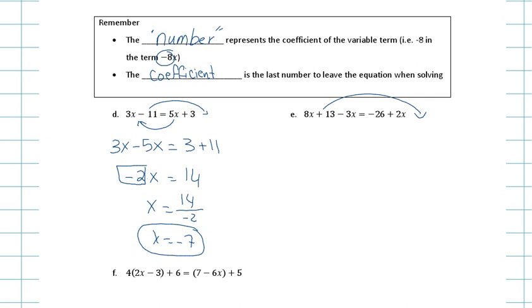So that's going to be 8x, take away 3x, minus 2x equals negative 26 minus 13. So like terms are on the same side. 8 take away 3 is 5, take away 2, that's 3x equals negative 39.